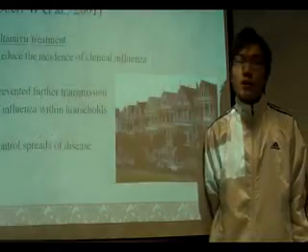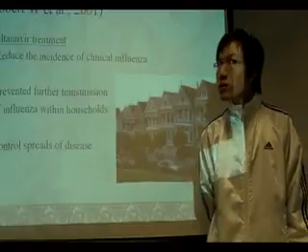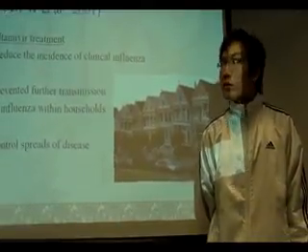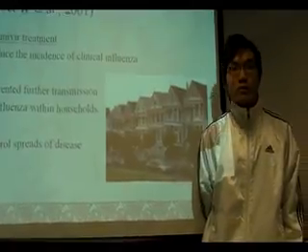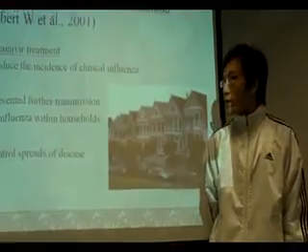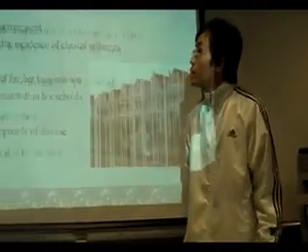In the second article, Roberts shows that oseltamivir treatment not only reduced the occurrence of influenza, but also prevented the transmission in households. It controls the spread of disease in households and even in the community.